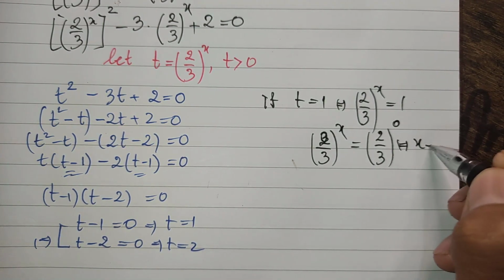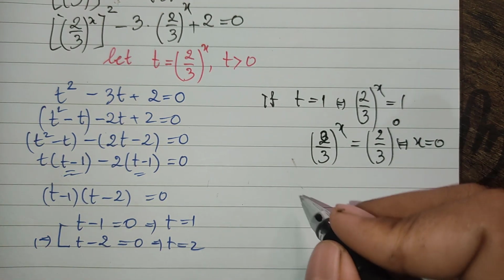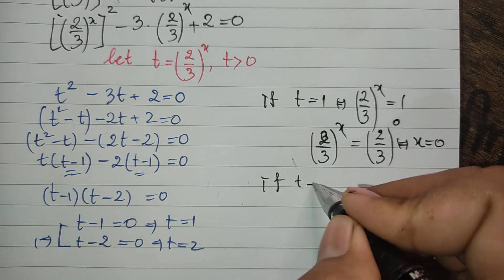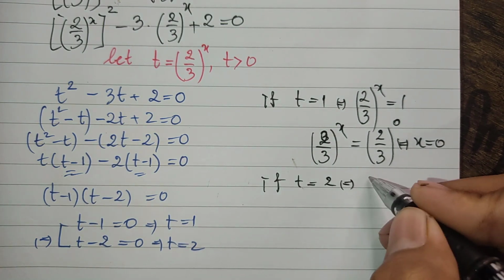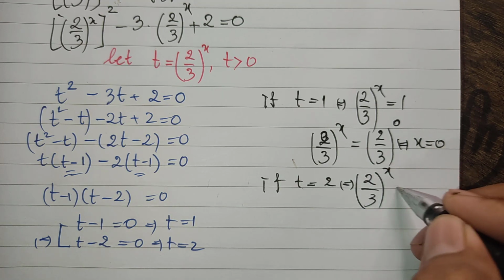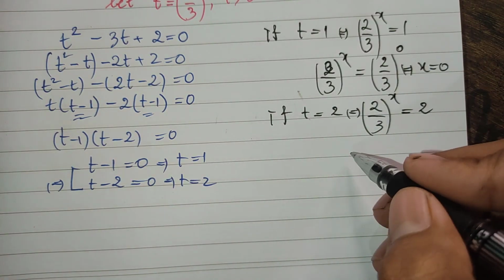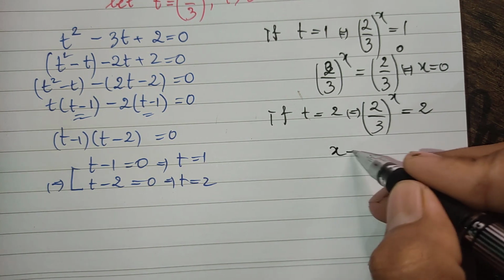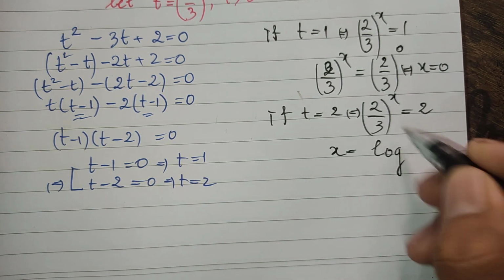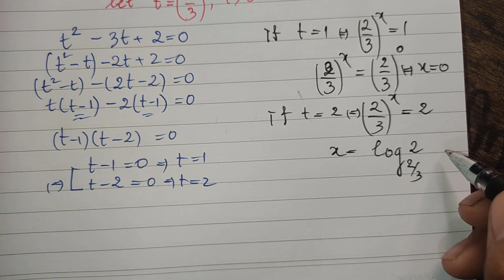So we get x equals 0. And if t is equal to 2, we get (2/3)^x is equal to 2. So now we get x equal to log base 2/3 of 2.